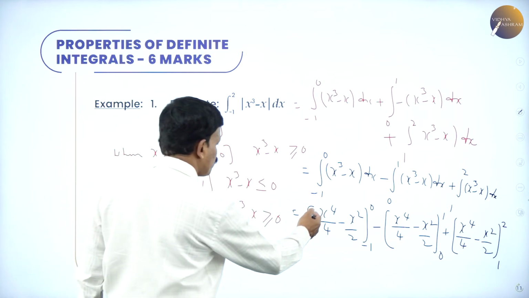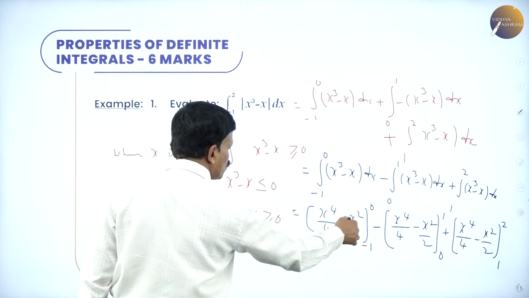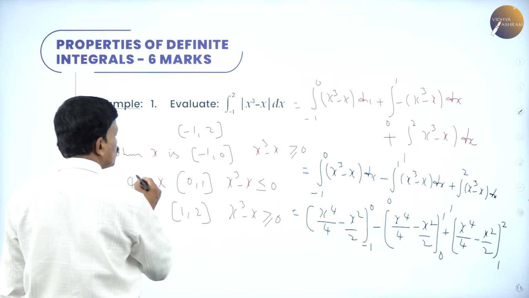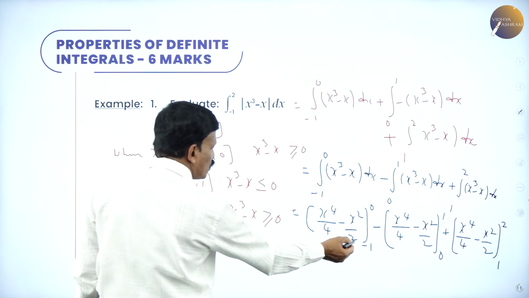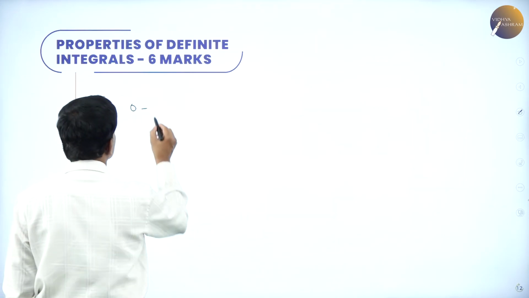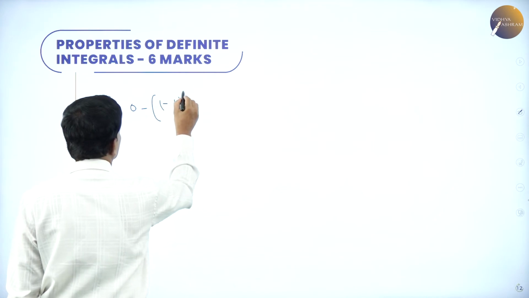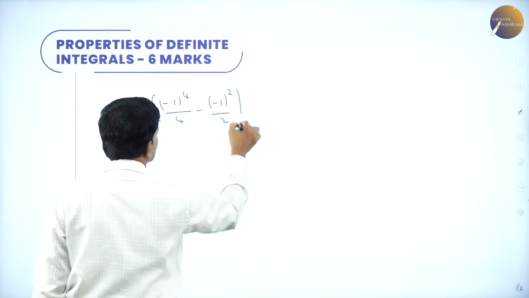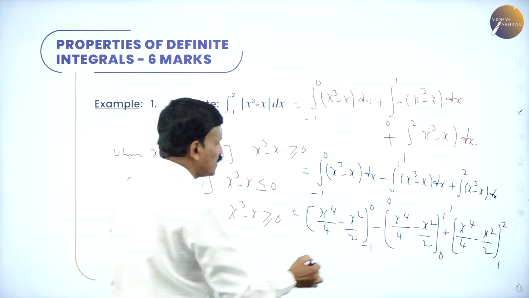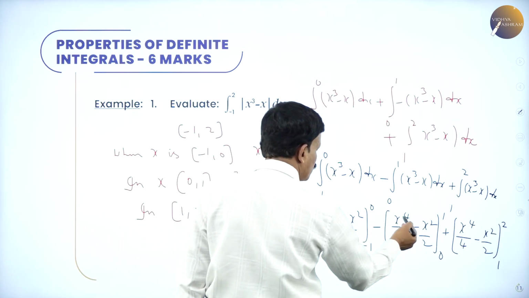Now let me apply the upper limit. Upper limit is 0. 0 minus anything is 0. I will go to the next page. This is equal to 0 minus, what is the lower limit? Minus 1. Minus 1 to the power of 4 by 4 minus 1 to the power of 2 by 2, minus, again upper limit is 1, lower limit is 0.